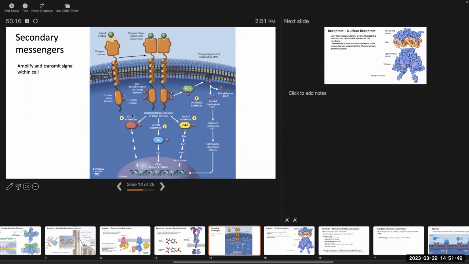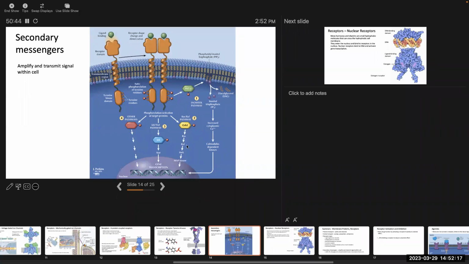Some other pathways: there's one here that just says other pathways, just because there are others that aren't shown here. There's something called JAK-STAT, where there's phosphorylation of a protein called JAK, which then phosphorylates STAT, which then causes gene transcription. Or the RAS-RAF pathway. I forget what a lot of these things are abbreviated from, but Allie or Sheila or one of our experts can probably rattle off what these things stand for.